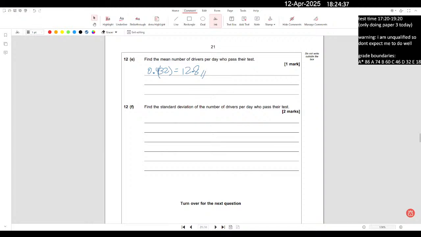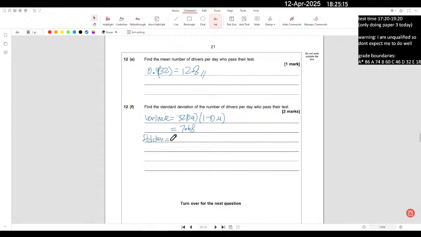Oh, variance is NP(1 minus P). Okay, so variance equals N, 32, P, times 1 minus P, which is 7.68.